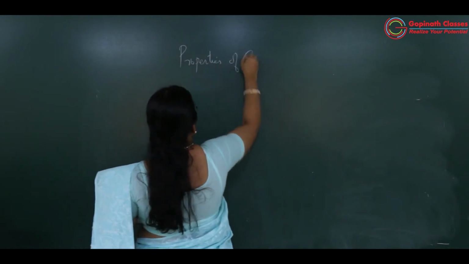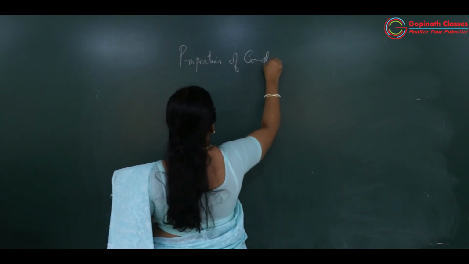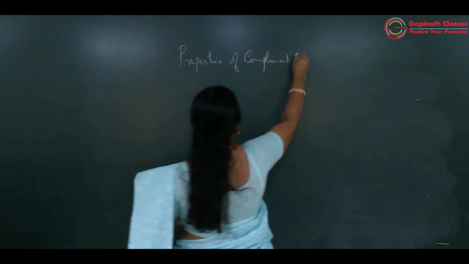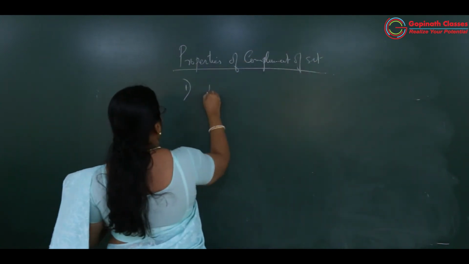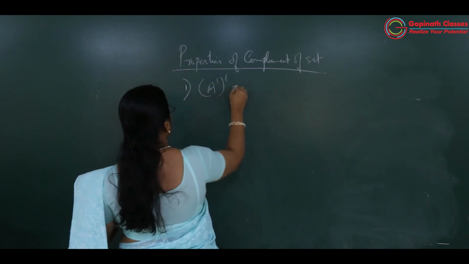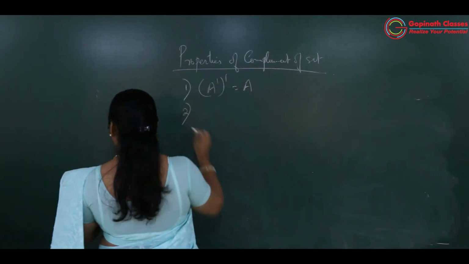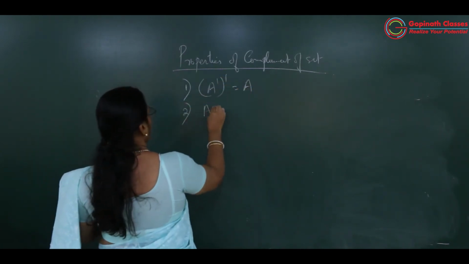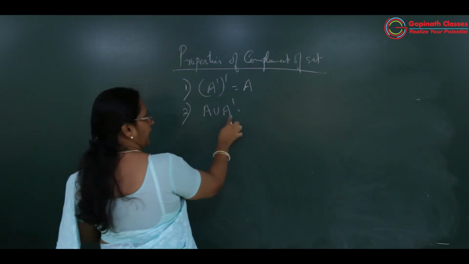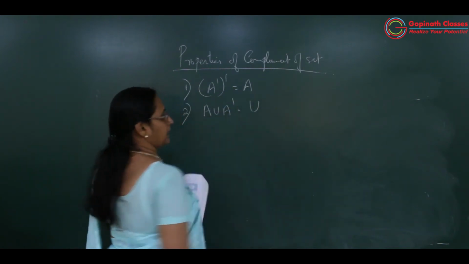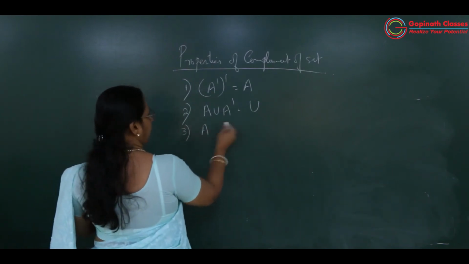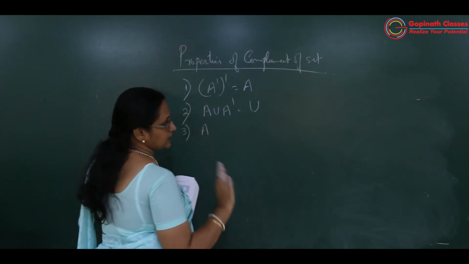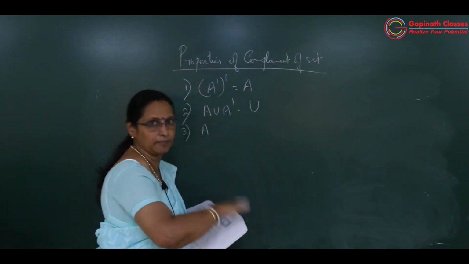of complement of set. First property is A complement complement is A. Second property you can write A union A complement. You know A and A complement मिला के आपको मिल जाएगा universal set U, and A and A complement के लिए common elements नहीं होगा because which is not there in A makes A complement.